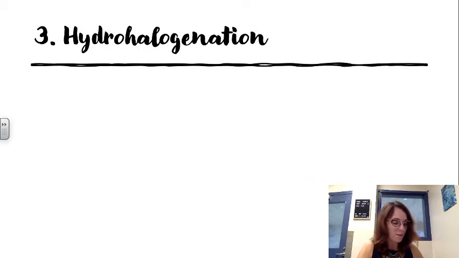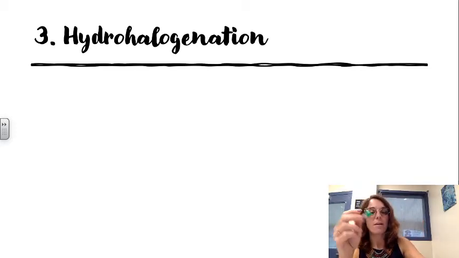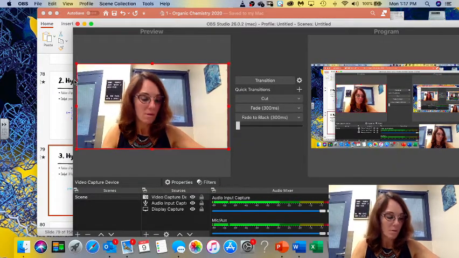Okay, the next one is called a hydrohalogenation. So based on the name, hopefully you can figure out what we're adding here. In a hydrohalogenation, we are going to add a hydrohalide. So hydrogen and either fluorine, chlorine, bromine, or iodine. For this reaction, the same thing is going to happen.